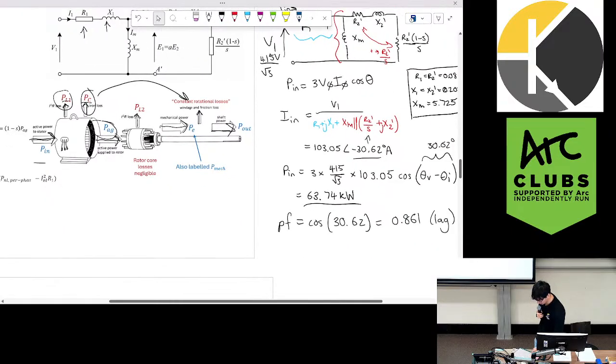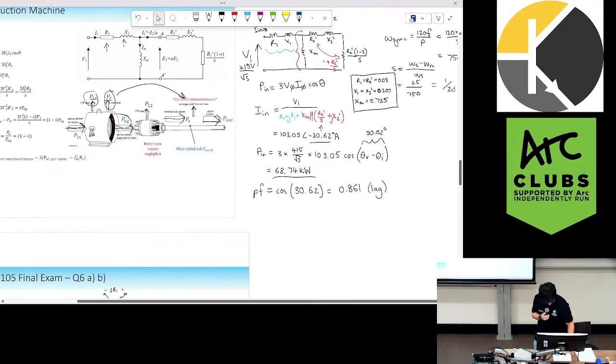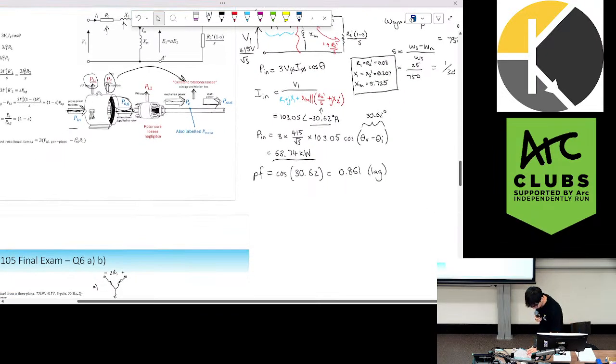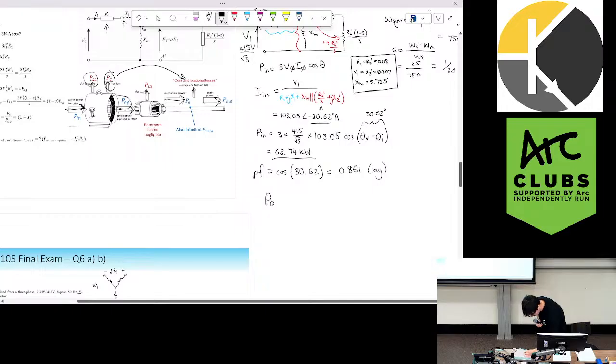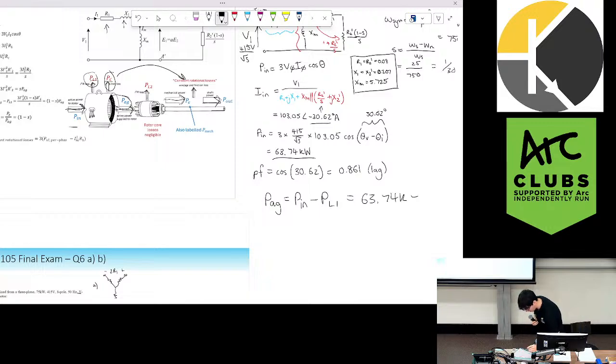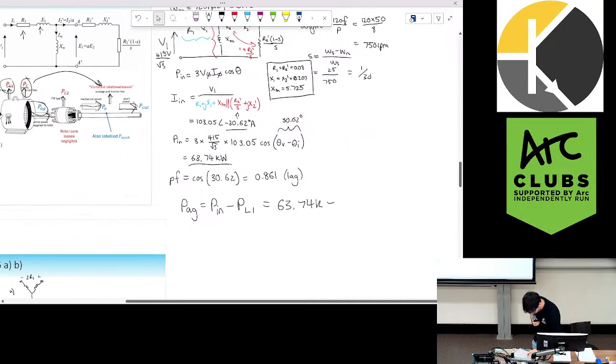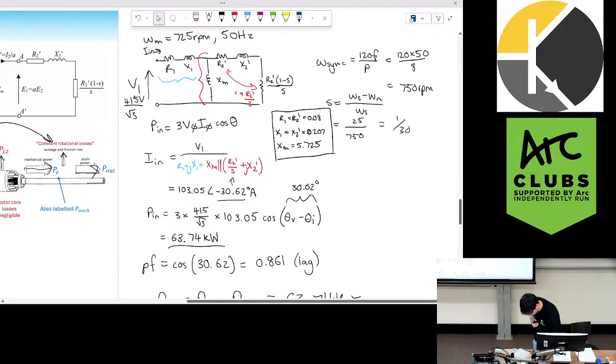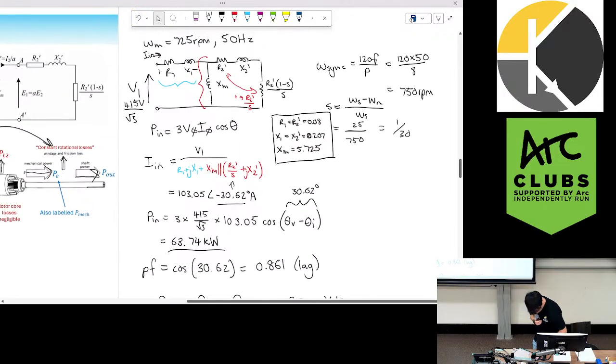So first, let's find I squared R. We know that P air gap will be P in minus our losses across our stator. So we have 63.74k minus the loss across this resistance here.